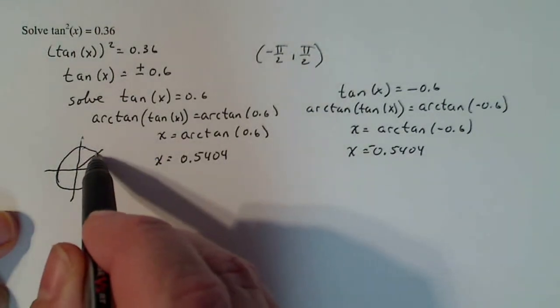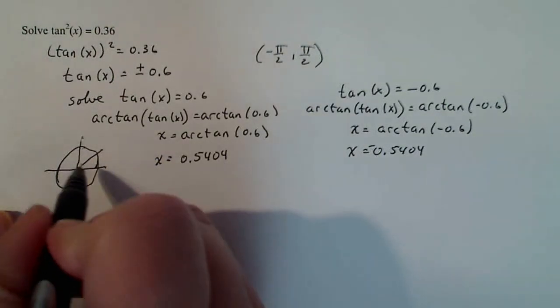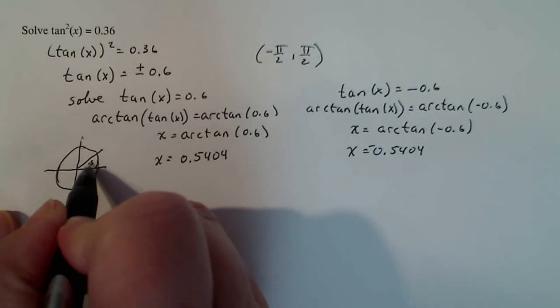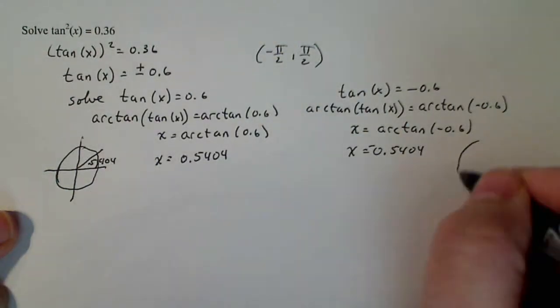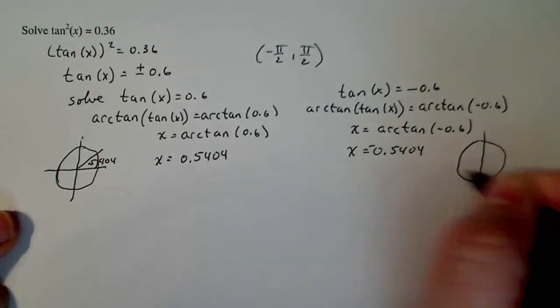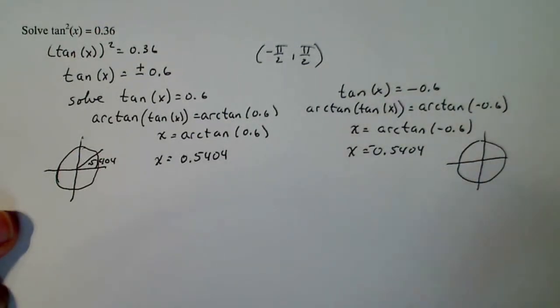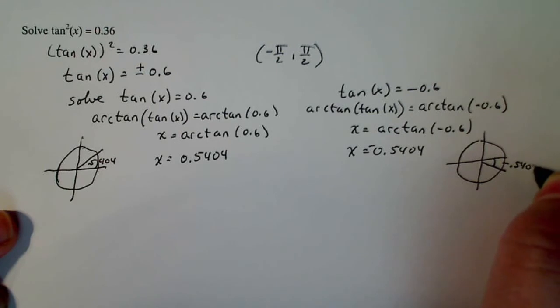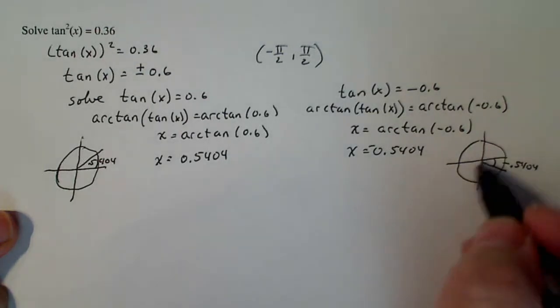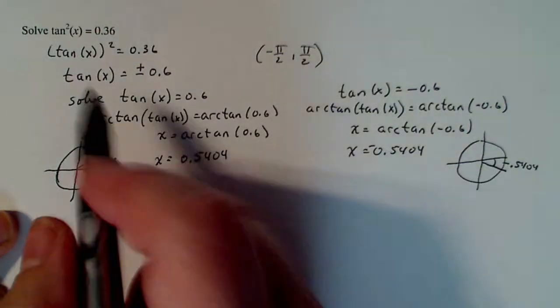It's going to be our reference angle right here, 0.5404. And over here, this guy is going to end up in quadrant 4, where this is negative 0.5404. They're not going to be in any of these quadrants because that arctan is not defined in those quadrants. Same thing here.